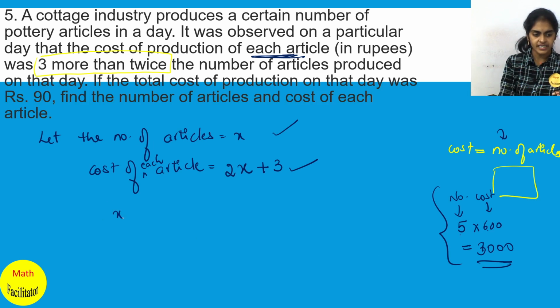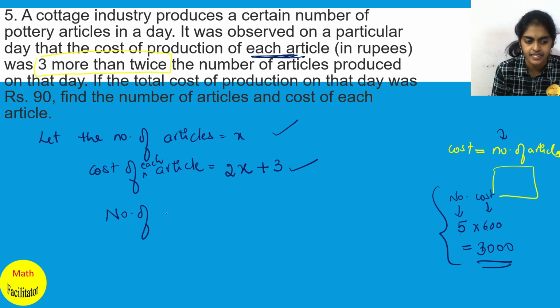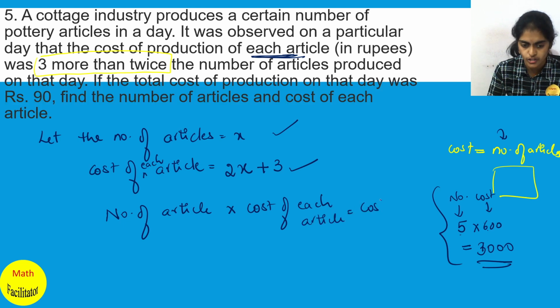Let me write the statement also so that when you refer to it at a later point of time, it is clear for you. Number of articles multiplied by cost of each article is equal to cost of production, or I can say total cost of production.